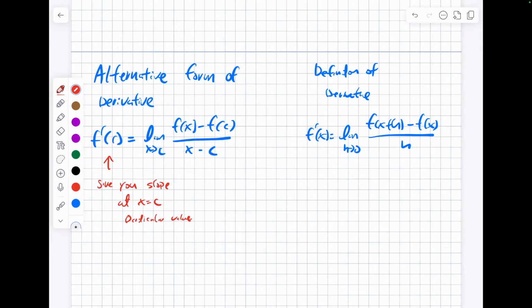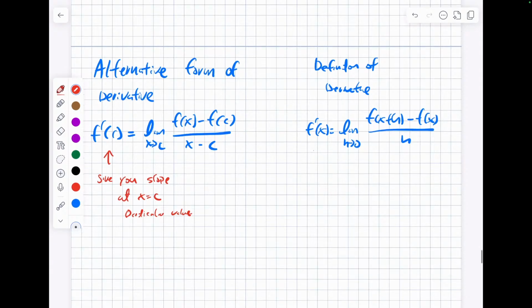So it will find out the slope at x equal to 2, right? As opposed to this one, which gives you the slope at all x values. So this one's more general. It covers more ground.